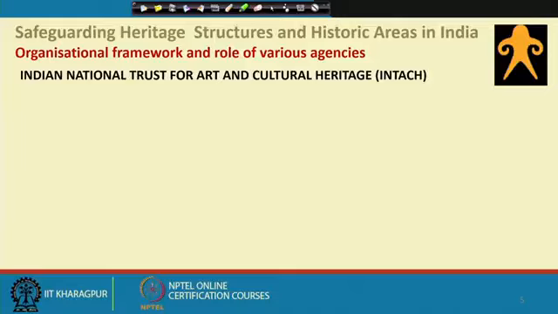While we have been talking about the organization and the government role, we also must understand there are voluntary organizations who play a very important role in awareness, and not only awareness, but capacity building and other work. One of the very important organizations which has been really playing a pioneering role is INTACH, the Indian National Trust for Art and Cultural Heritage.